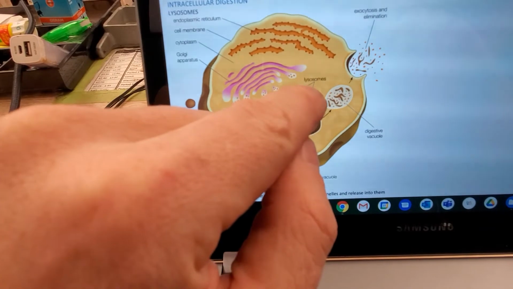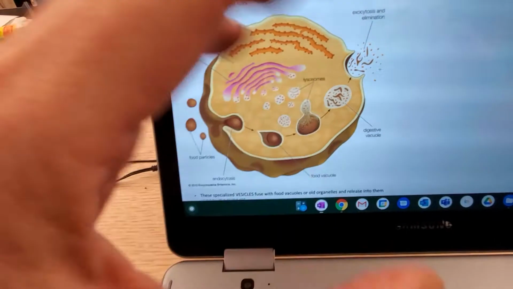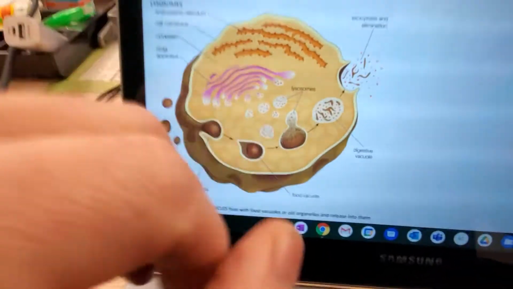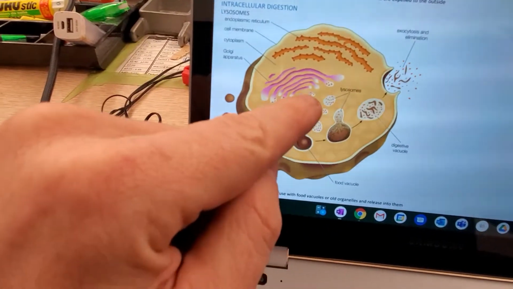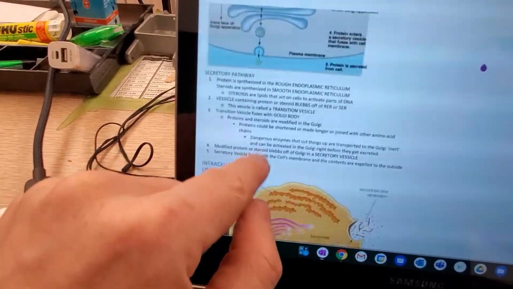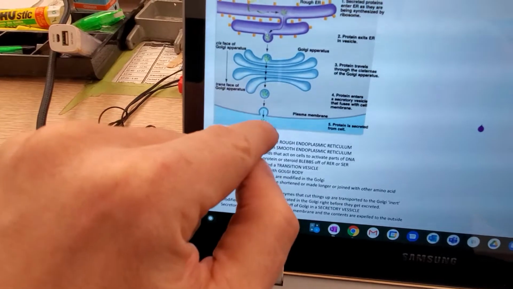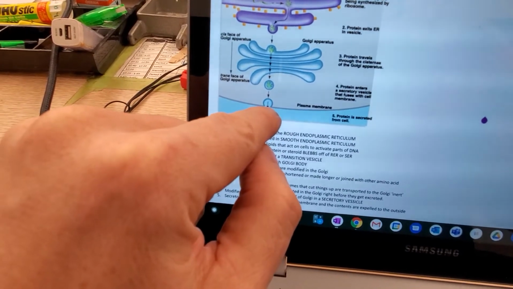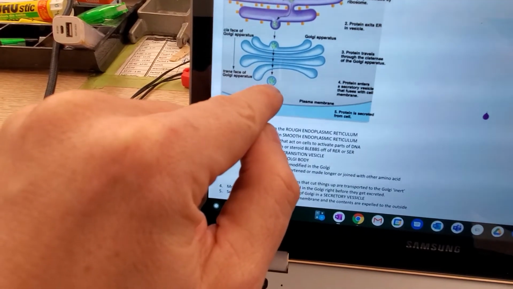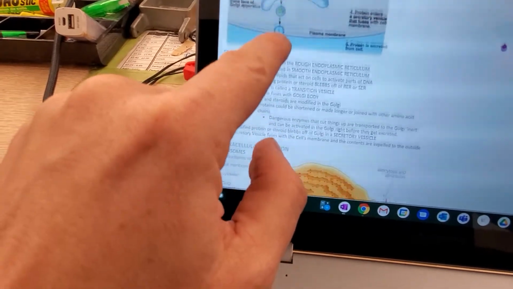And then what happens is something called lysosomes, which are just kind of specialized vesicles. Again, all these are just bubbles of membrane, and they are full of protein. They've gone through this whole process, except they haven't merged with the plasma membrane. These lysosomes are floating around in the cytoplasm.